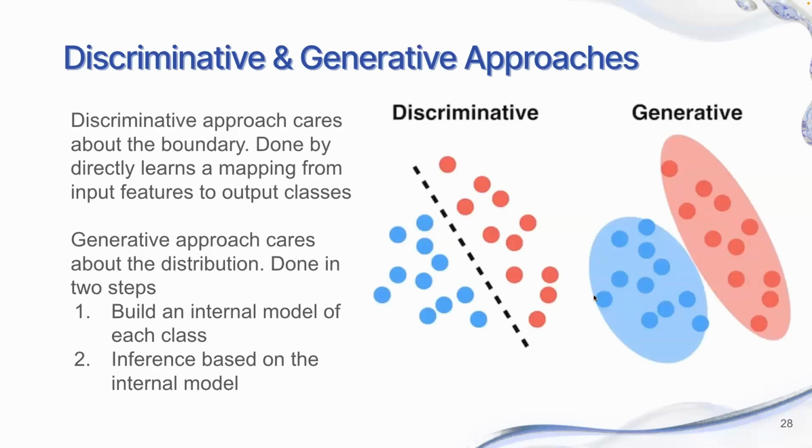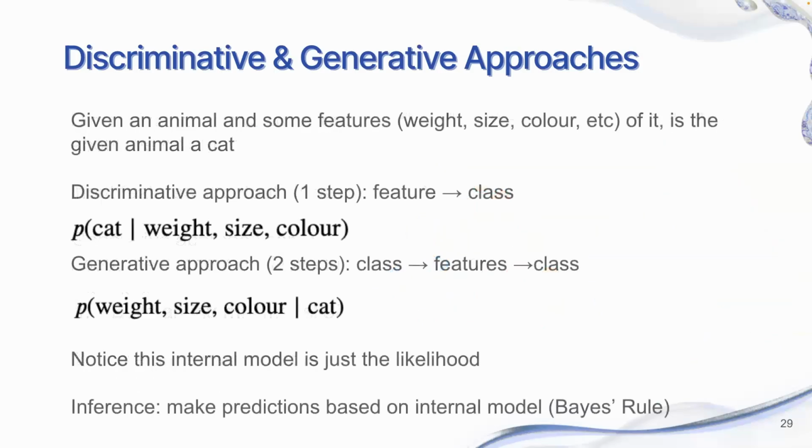Generative models know a lot more than discriminative models. All a discriminative model knows is where the line lies, so it only tries to separate two things, but a generative model tries to understand what each class actually looks like.